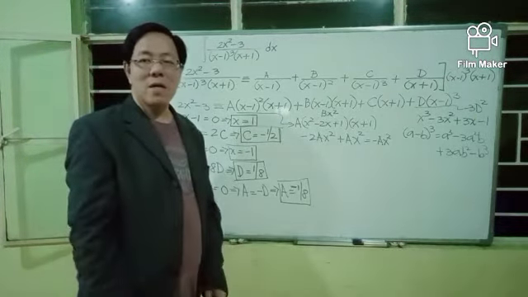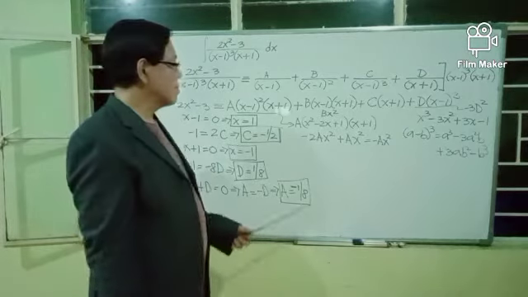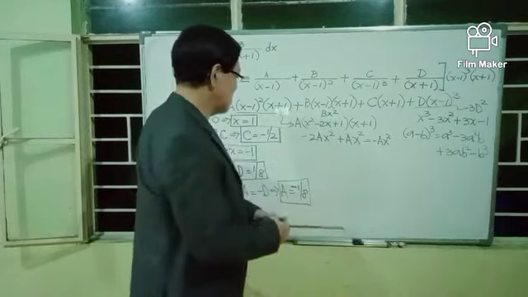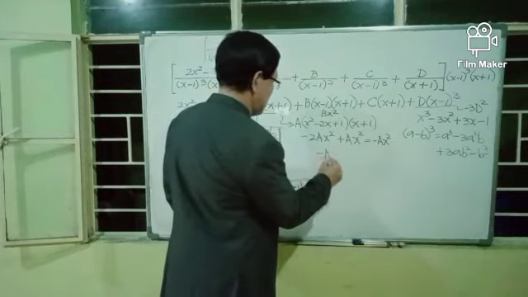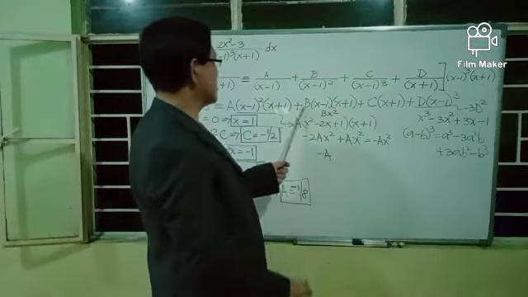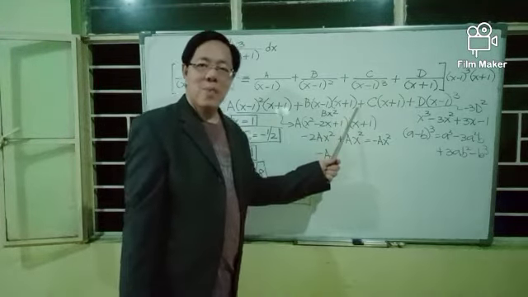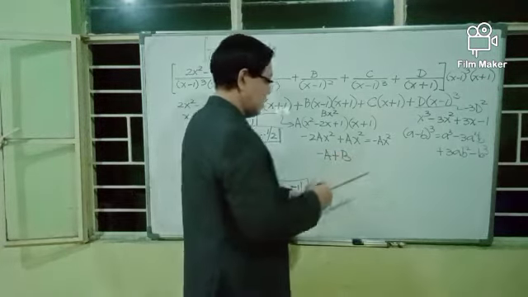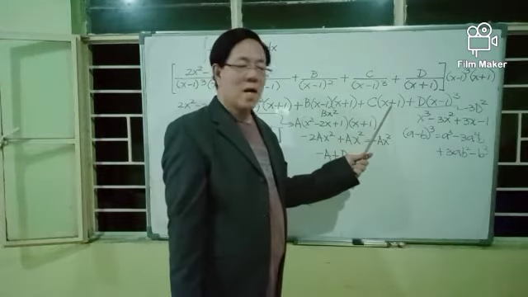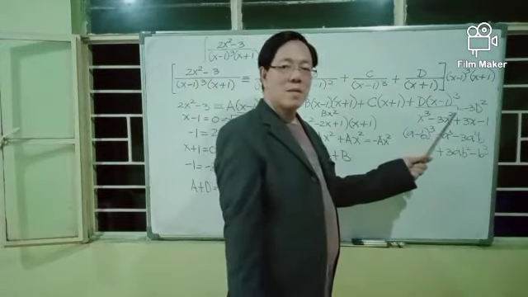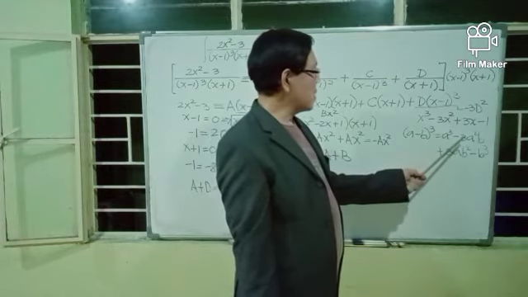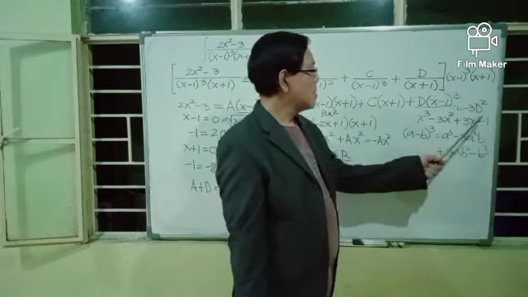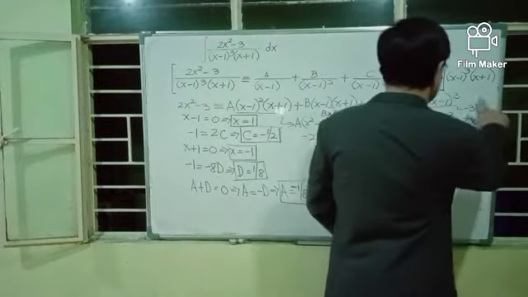Now we collect all the coefficients of x squared. For this term, coefficient of x squared is minus A. For this term, the coefficient of x squared is B plus B. And this term has no term with x squared. And for the last term, the coefficient of x squared will be minus 3D.